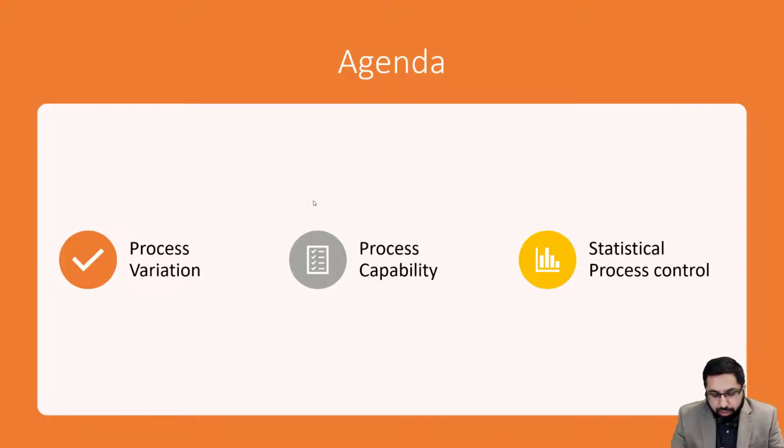It's kind of like when you study lean methodology, you learn that one of the most useless things to do is to optimize that which should not be done in the first place. Same idea here. It's useless to control a process which does not meet customer specs to begin with. It's just not capable. So there's only economic advantage in controlling capable processes. If the process is not capable, you have to redesign the process. There's no point trying to control it.